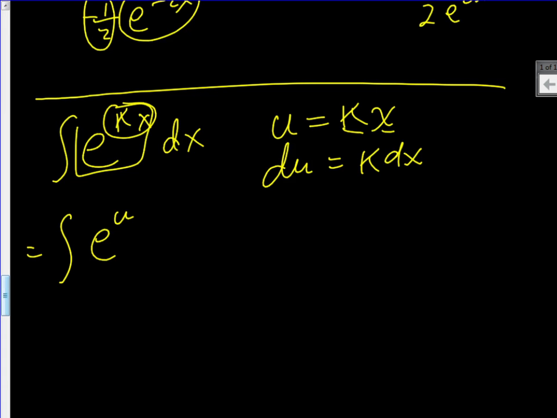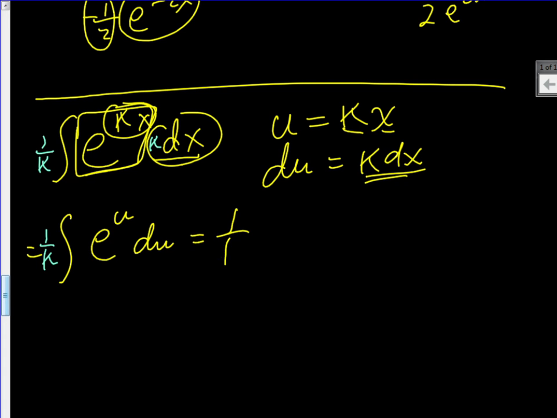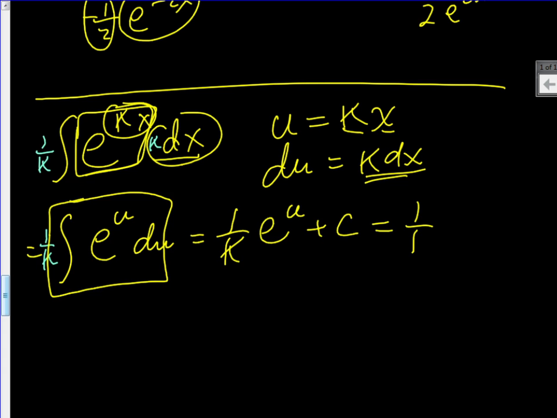But there we go again, I need k dx. Well, you can put the k in as long as you bring out a 1 over k. What's left over after I use up e to the u is k dx, which is du. So I have 1 over k times this integral. But that integral is just e to the u plus c. And now I'll put back in what u was, kx.